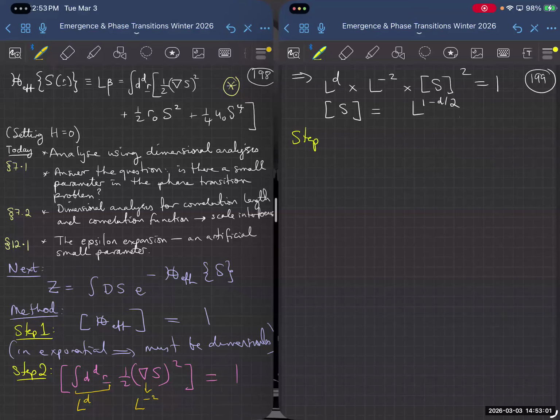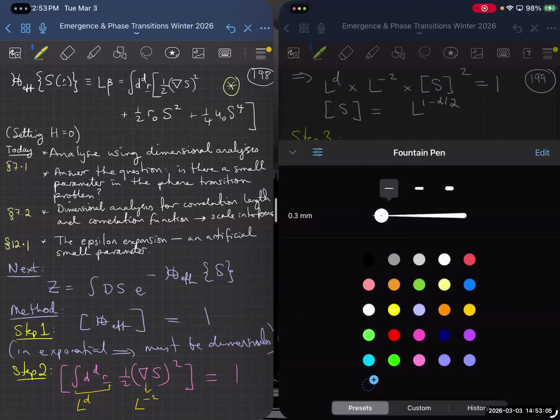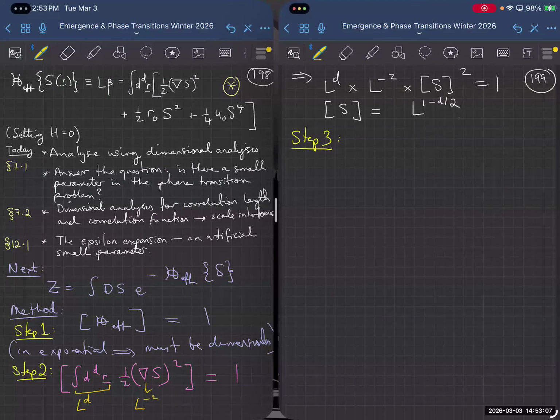So let's now have a look at the next term. The next term is the integral d^d r of r naught over 2 times s squared, and that dimensionally has to equal 1.